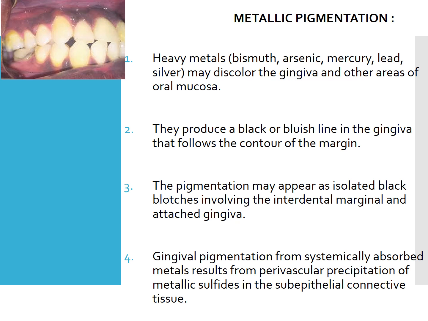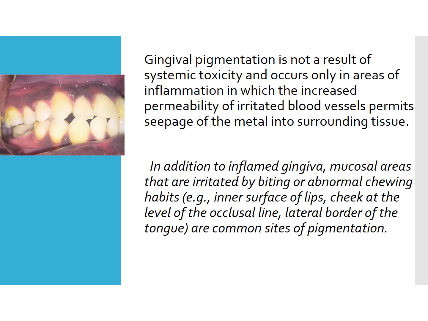It is mainly due to this absorption and perivascular precipitation of metallic sulfides in the subepithelial connective tissue. This gingival pigmentation is actually not the result of excessive intake of the metals or any toxicity. It occurs in areas of inflammation, where there is increased permeability of vessels, which permits the seepage of metal into the surrounding tissue.